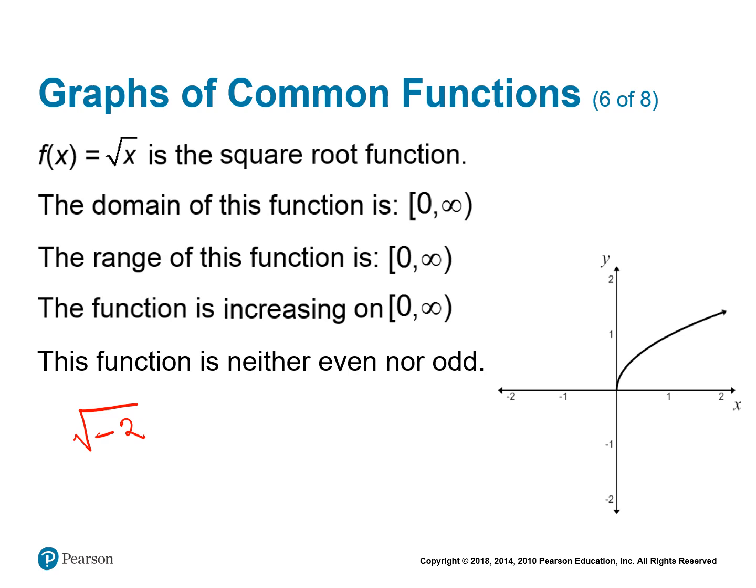It will produce an imaginary number. The square root of 4 is fine, but the square root of negative 4 does not exist. It's not a real value. It's an imaginary value. So you cannot have a negative value under a square root.